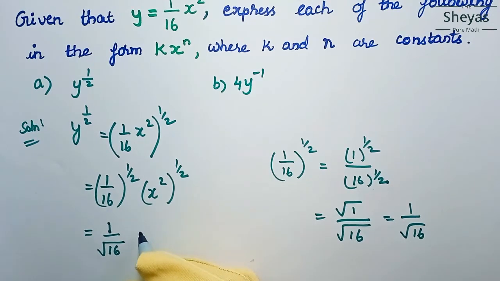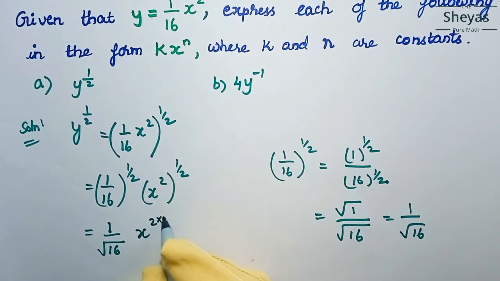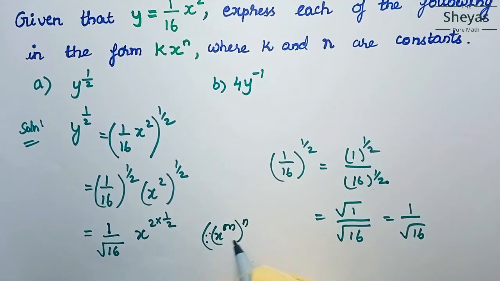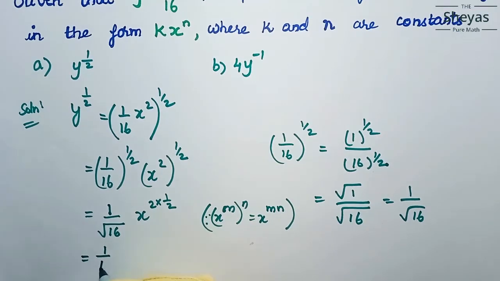And now x power 2 into 1 by 2. Here I have used the rule x power m the whole power n can be written as x power m into n. And now what is the answer? Root 16 can be written as 4, and x power 2 into 1 by 2 is power 1.